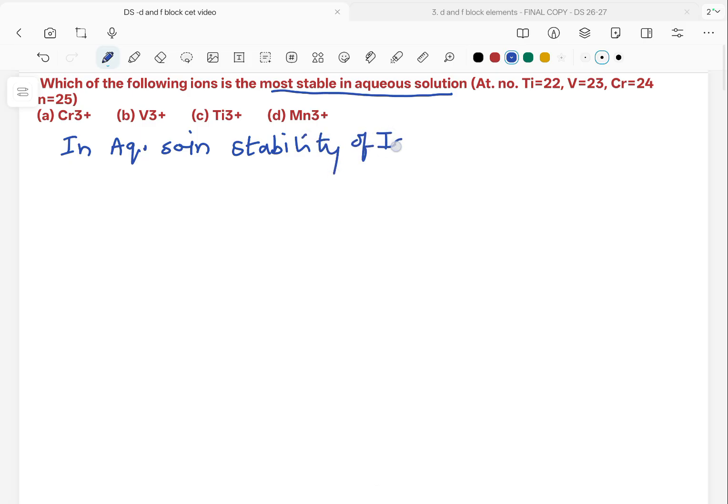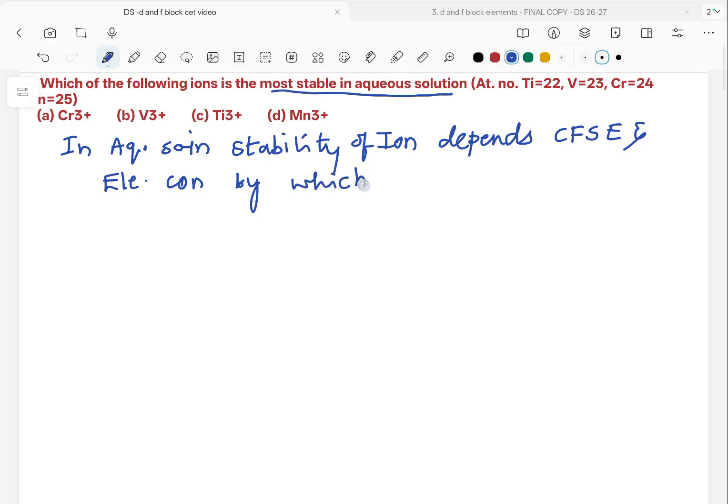Stability of ion depends on crystal field splitting energy and electronic configuration, by which we get the d configuration.